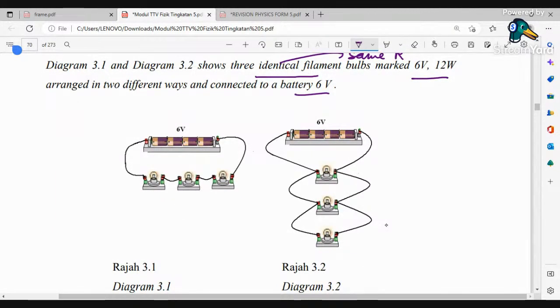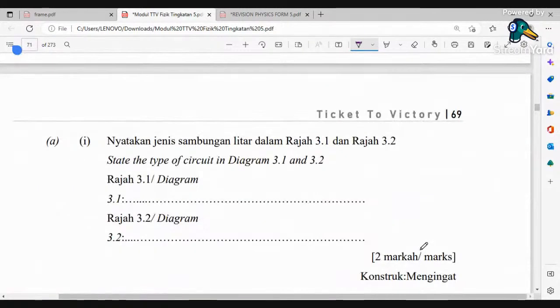Side by side like this, series. If it is like this, connected to the same point across the battery, this is parallel. So you must understand the properties of series and the properties of parallel. Okay, question A1. State the type of circuit in diagram 3.1 and 3.2. Series, parallel.